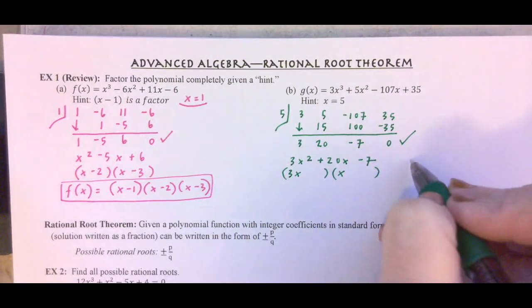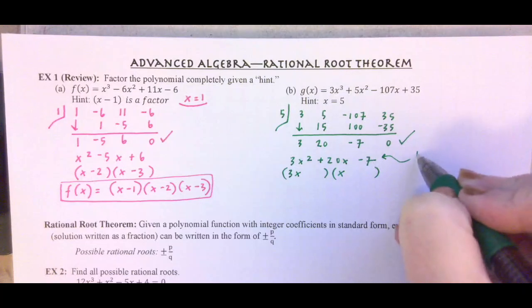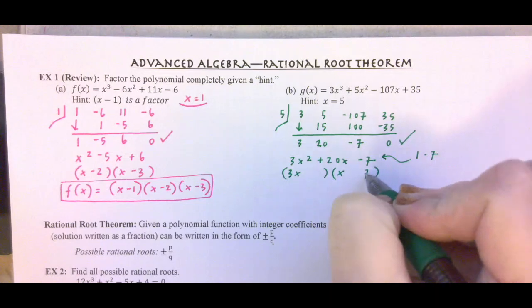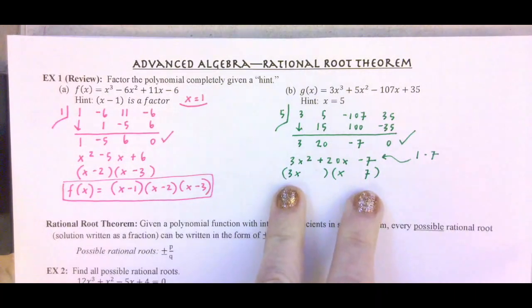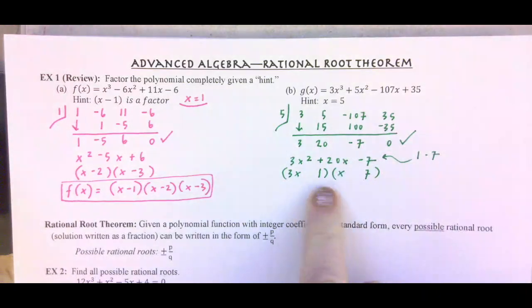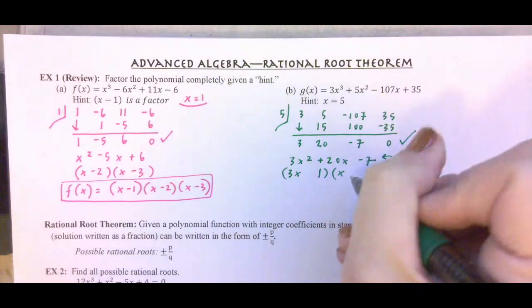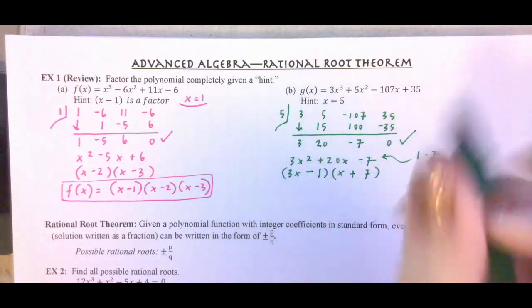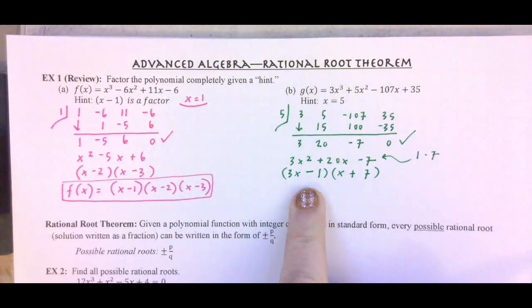Now I'm thinking of how to get to that negative 7. I know it has to be 1 times 7. One of them has to be negative. So it makes sense that I have a 7 here because that will make a 21x. Here's a 1x. And since I want it to be a positive 20x in the middle, I must have a plus here and a minus here.